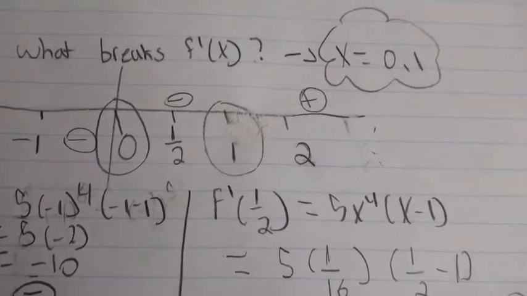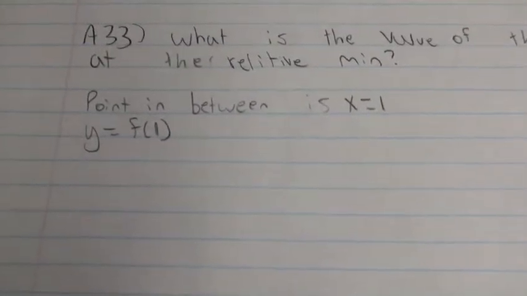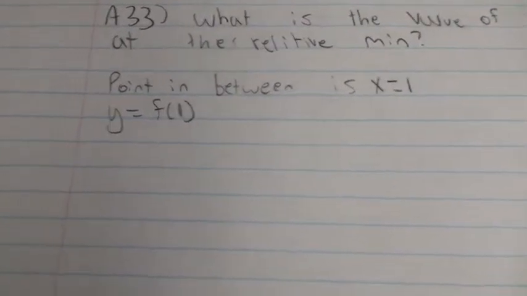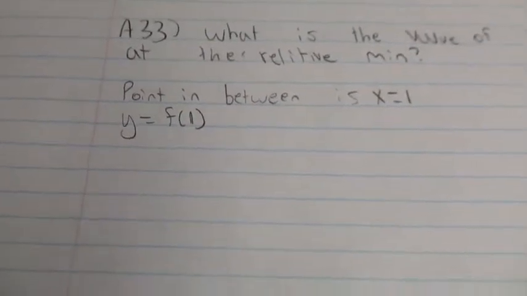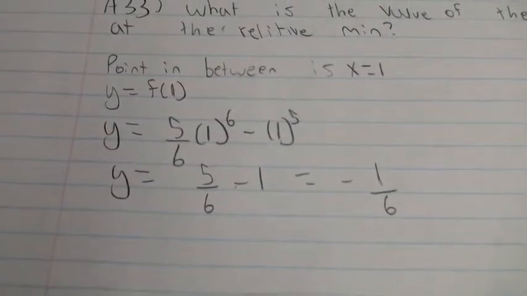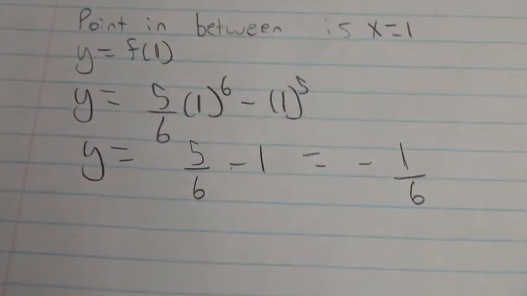So this point is 1, not 1/2. So we plug 1 into the equation, right? x equals 1, we put it into the function, and we multiply it out. We plug into the original function, and it ends up with the answer -1/6. And that's our y value of our relative min.